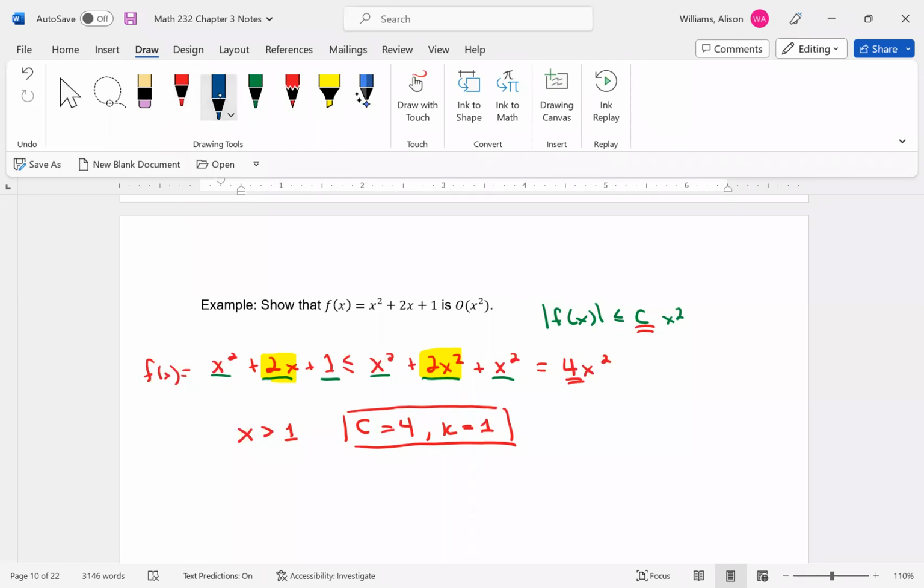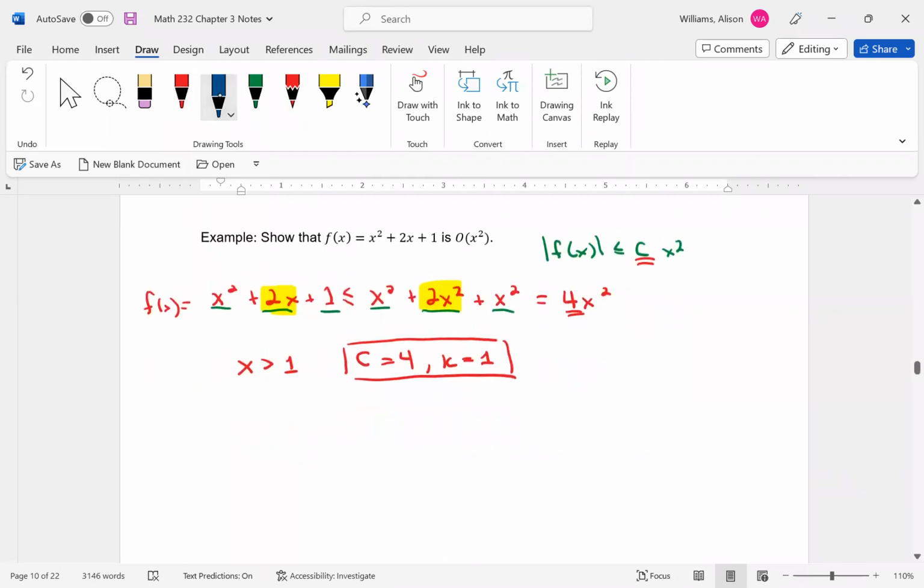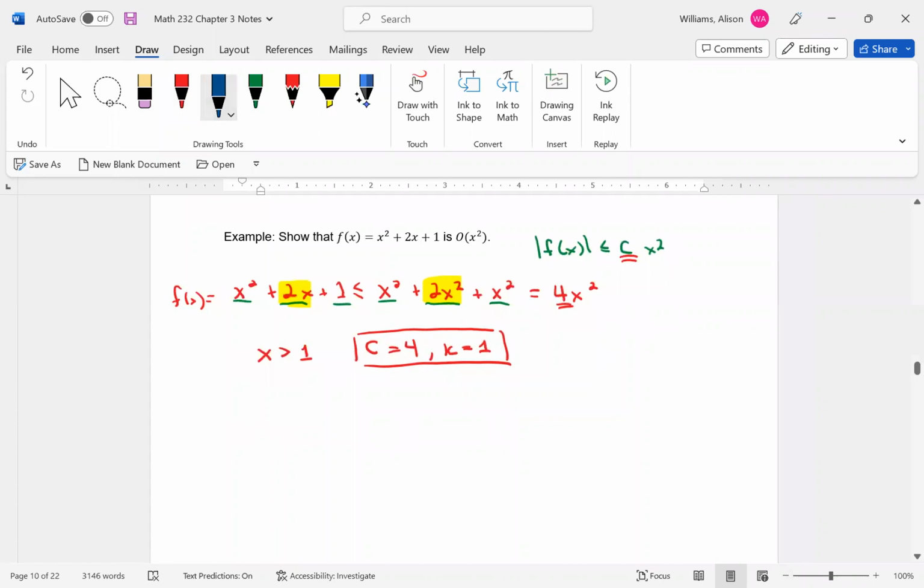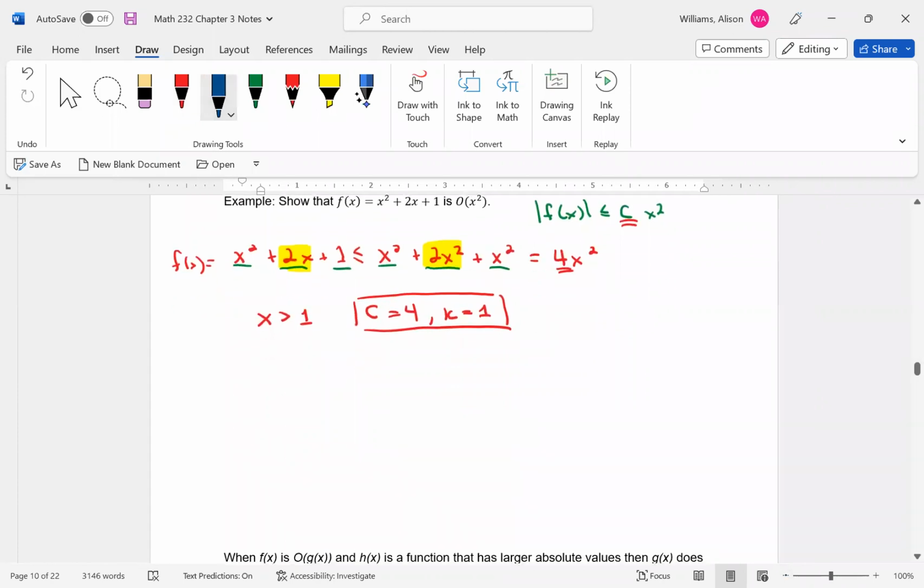Okay, I do want to look at the graph really quick. And since these are pretty easy to graph, I think we could do a decent rough sketch. Here, I'm going to zoom out a smidge. Give myself some space. Okay, so x squared plus 2x plus 1 actually factors into x plus 1 squared.